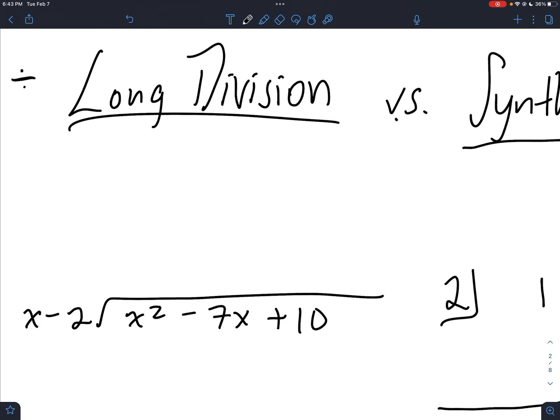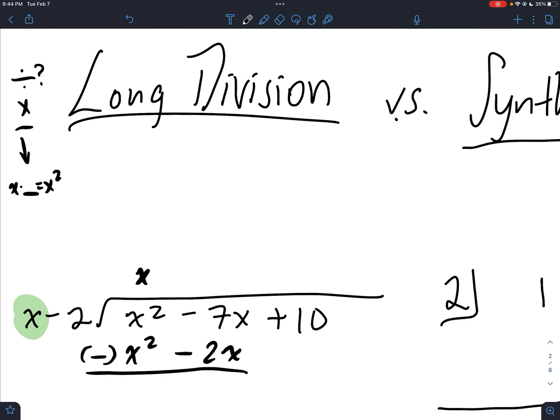So with long division, we would be stuck with the steps, which are ask the division question, multiply, subtract, bring down, and do that as many times as you need to. So the first question here would be, x times what is x squared? Basically narrowing our sights down on this one. Well, x times x is x squared. So we put the x up there, and you can find all of this in the long division video.